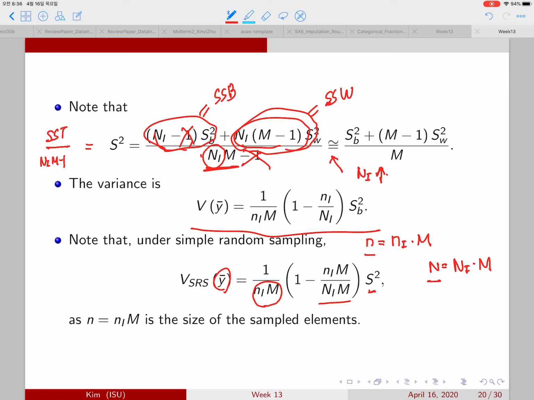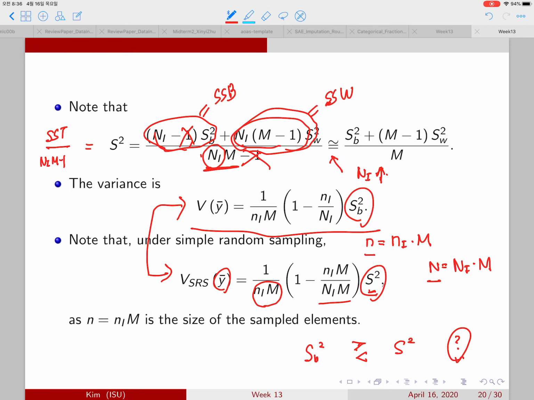If you compare these two, the only difference is this. So the natural question is, which one is smaller? That is the question.